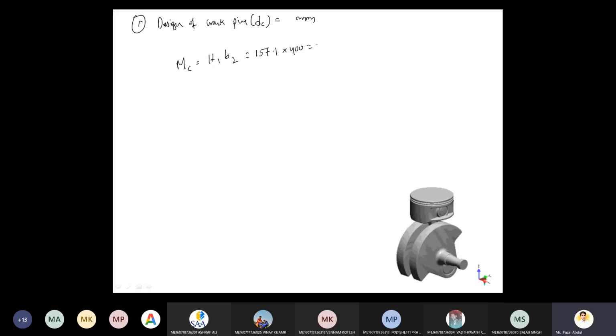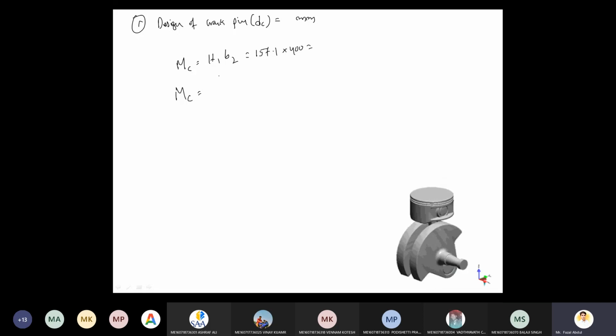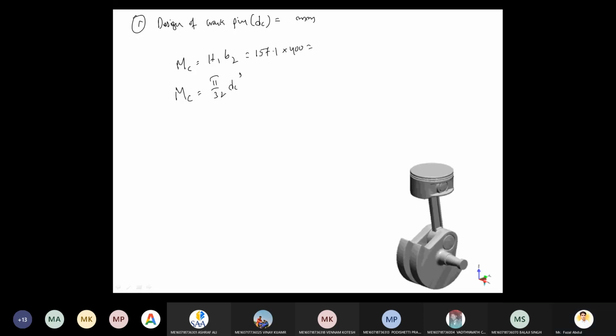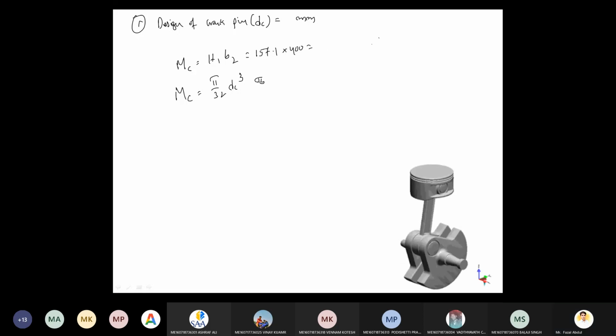This bending moment is due to the application of the load, a direct bending moment, and we know it equals pi by 32 into dc cube into sigma b. This is the first equation and this is the second equation.